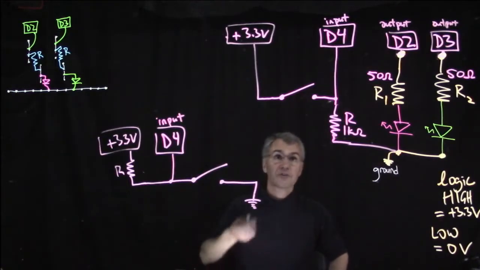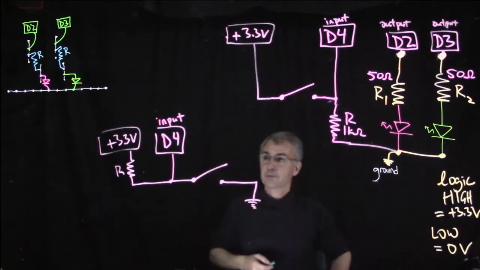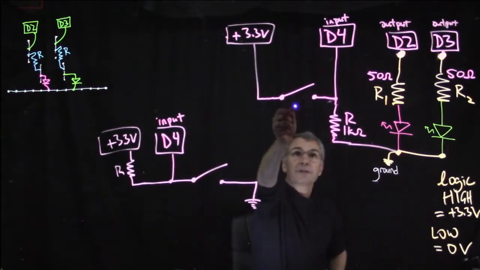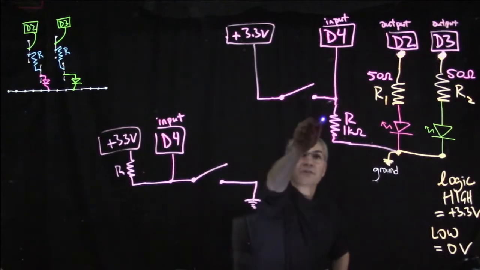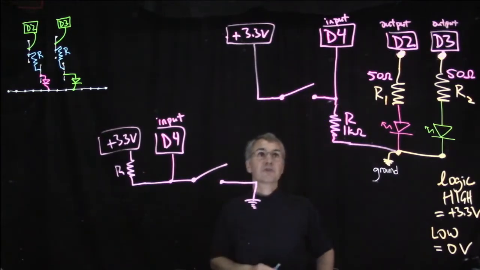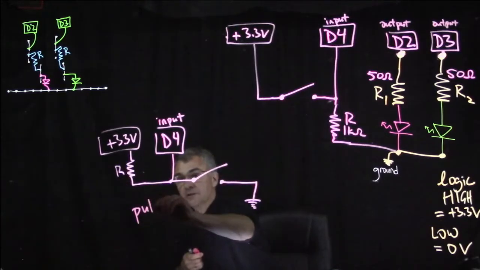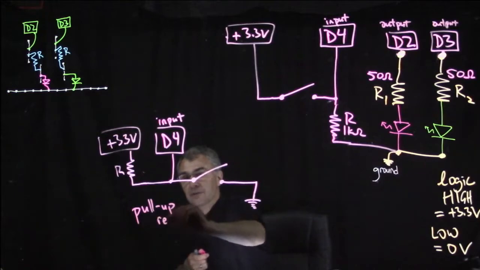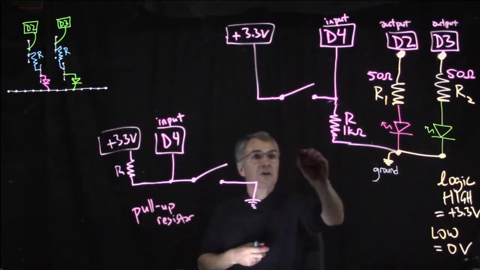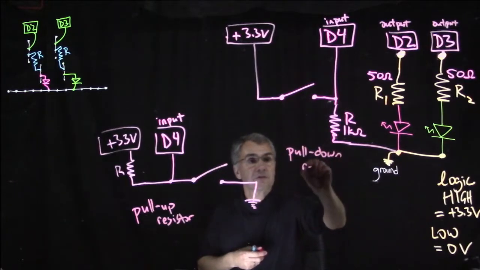That would give us a similar result, except that pushing the button would be low and releasing the button would be high. Here we have pushing the button is high and releasing the button is low. So this was our original plan, so we will stick with it. In this context, R is called a pull-up resistor, and in this context, R is called a pull-down resistor.